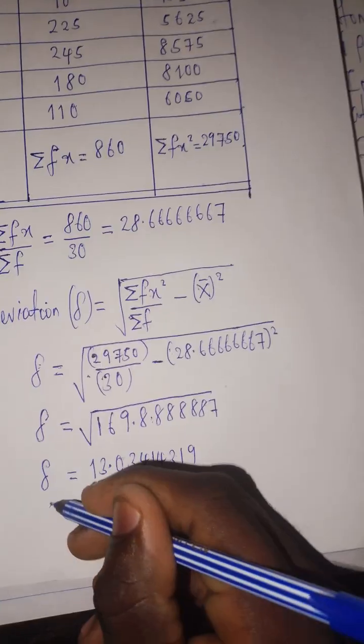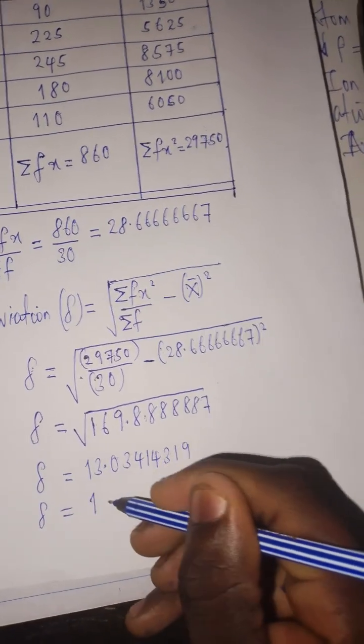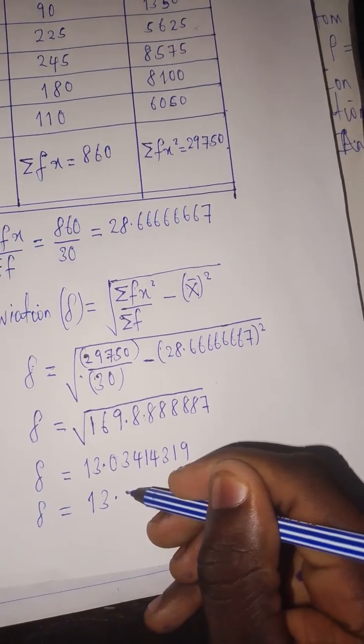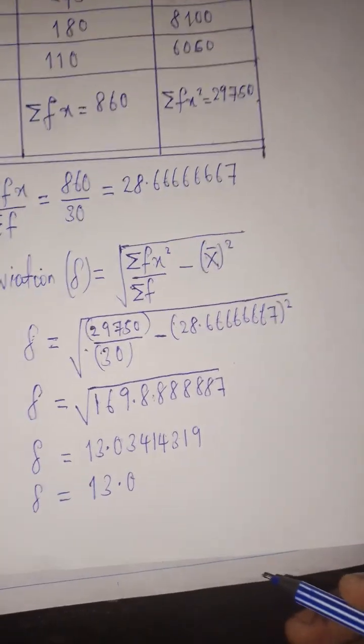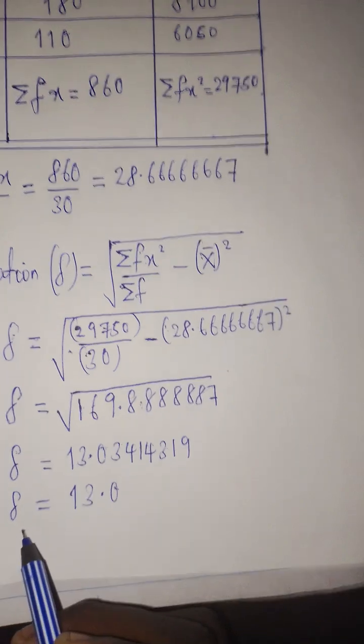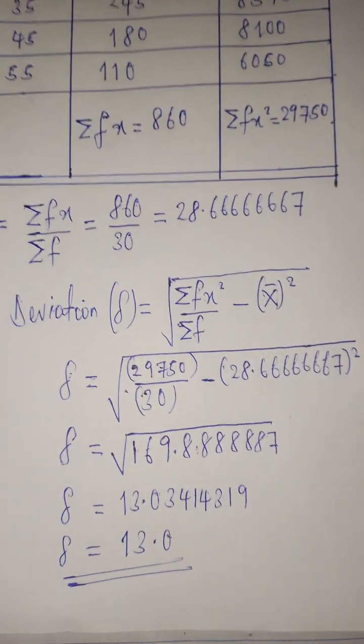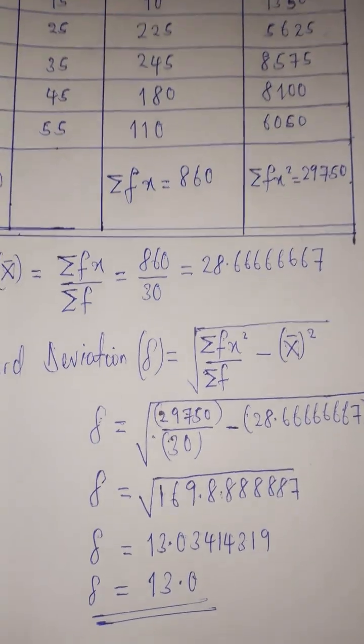So I can round it off. Standard deviation will be equal, to 3 significant figures, to 13.0. So this will be the value for standard deviation.